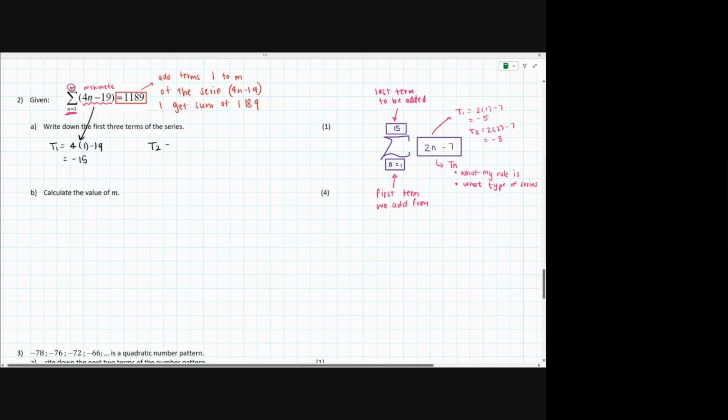Term 2 would be equal to 4 times 2 minus 19, which is negative 11. And term 3 is equal to 4 times 3 minus 19, which is equal to negative 7. All right, so now we've got a general idea of what my series is. So it's negative 15, negative 11, negative 7, and we keep adding 4.